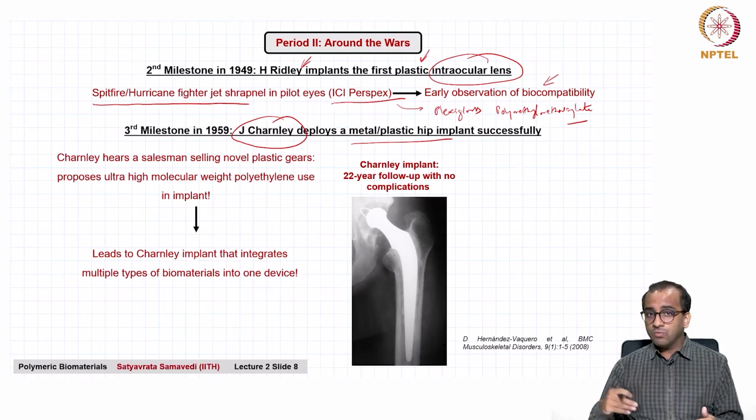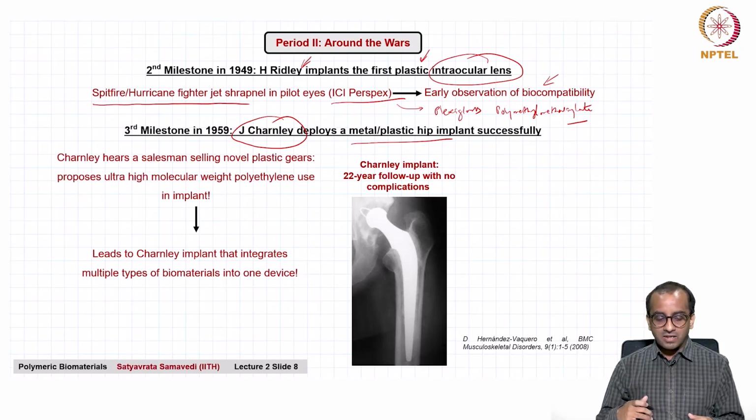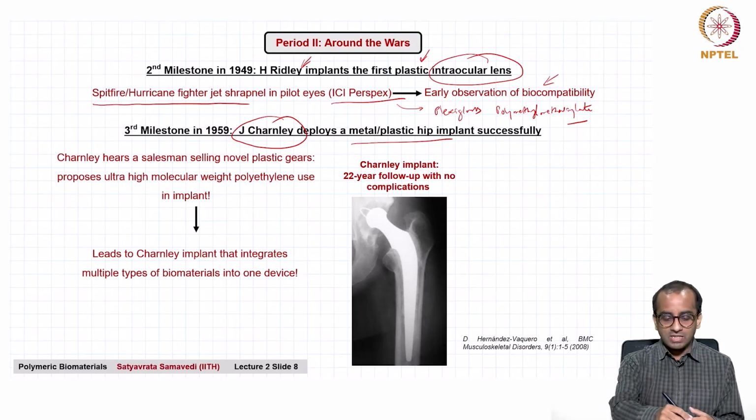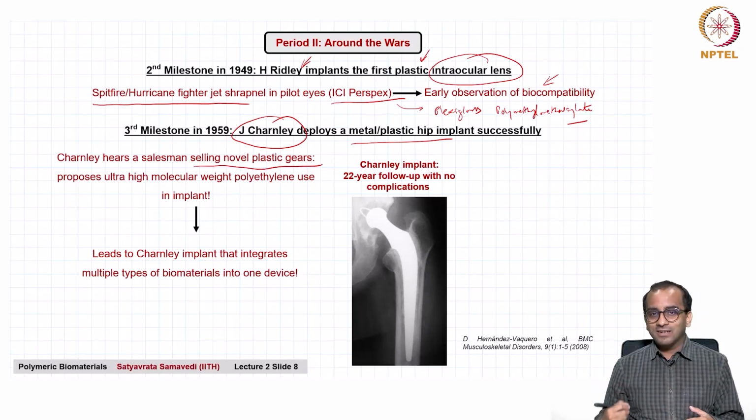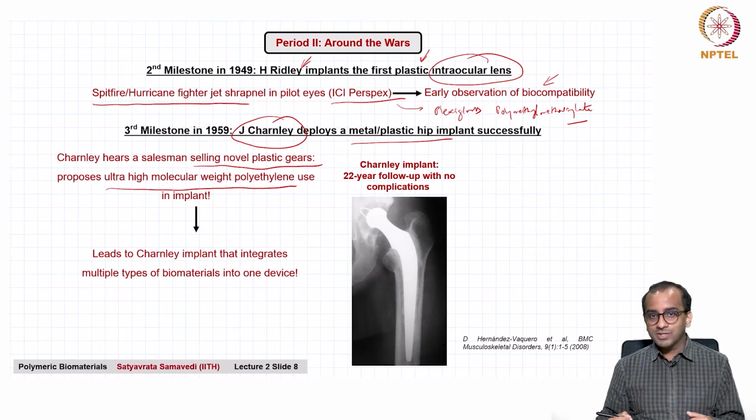So, Charnley was already on the lookout for a good alternative to metal on metal implants, and legend goes that there was a gear salesman who was selling novel plastic gears to a technician in his lab, and these were made from ultra high molecular weight polyethylene type of polymers.